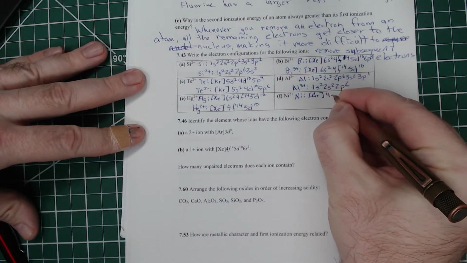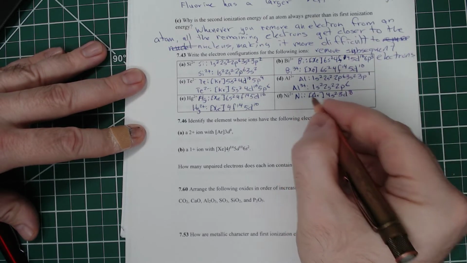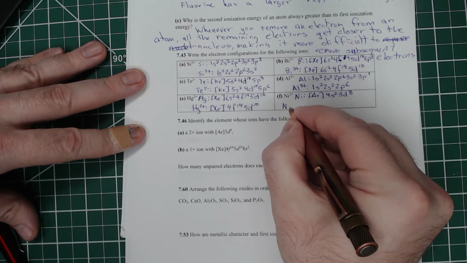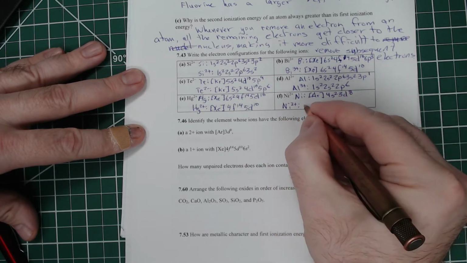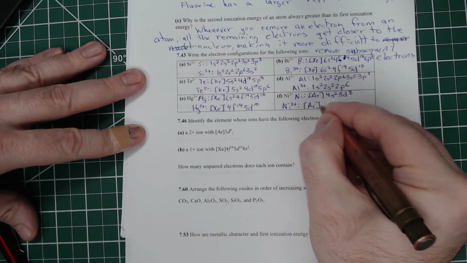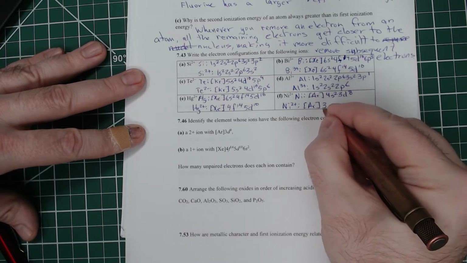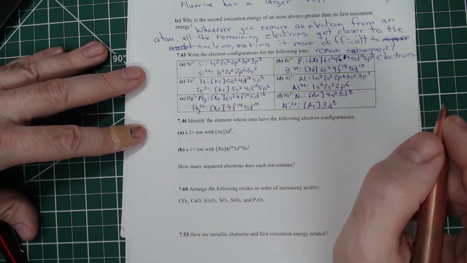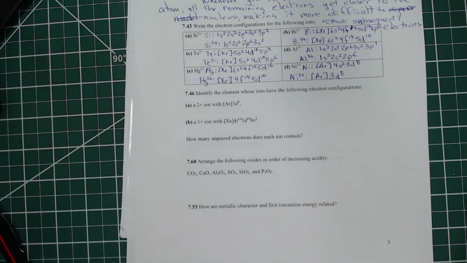So 4s2, 3d8. So that's the electron configuration of just nickel. And then the electron configuration of nickel 2+ is going to be argon. And we will take those electrons from the 4s subshell, so we will just get 3d8. And that will be the correct electron configuration for that.